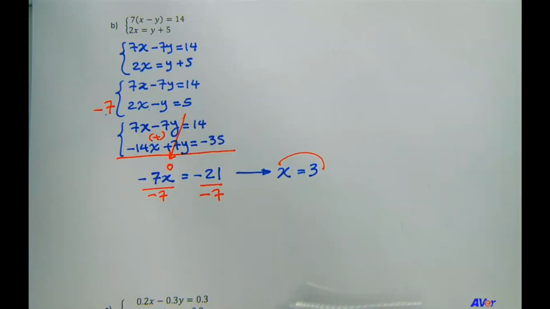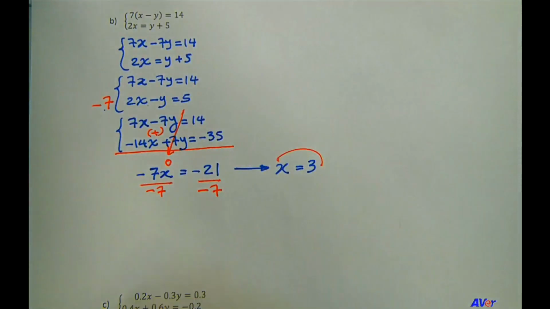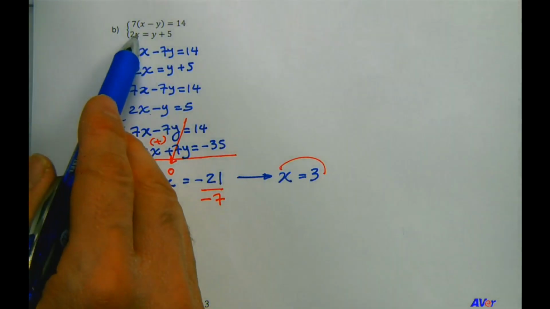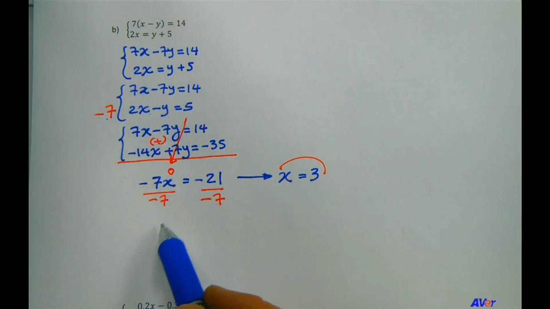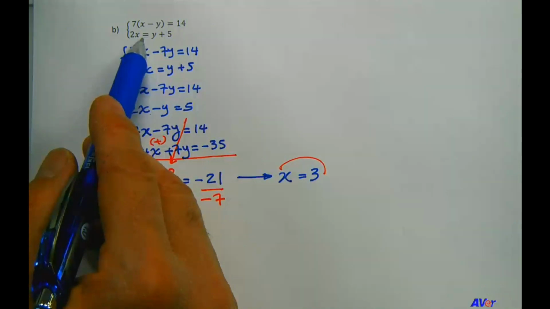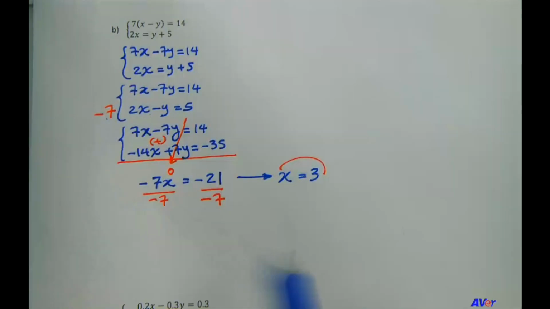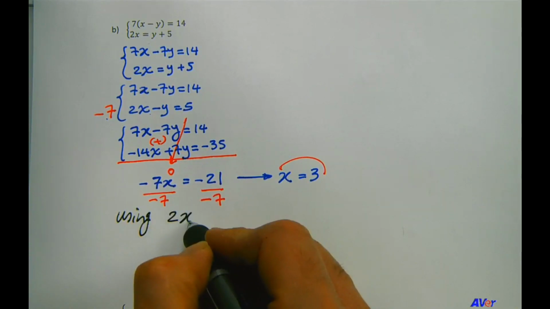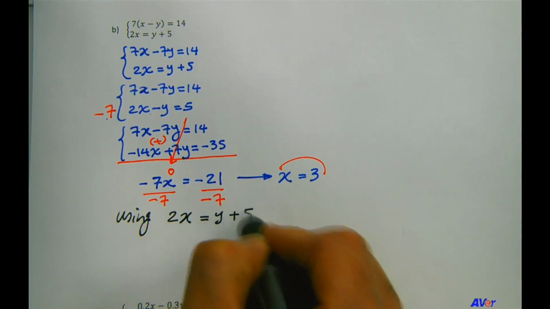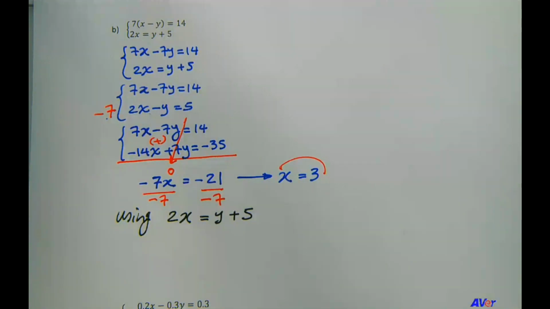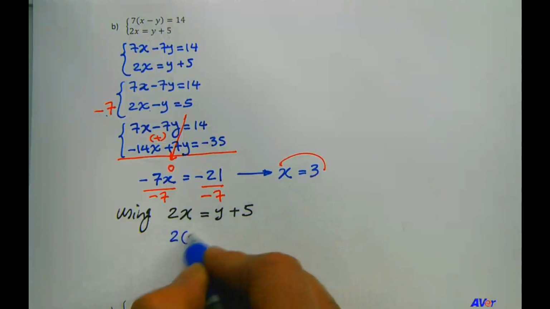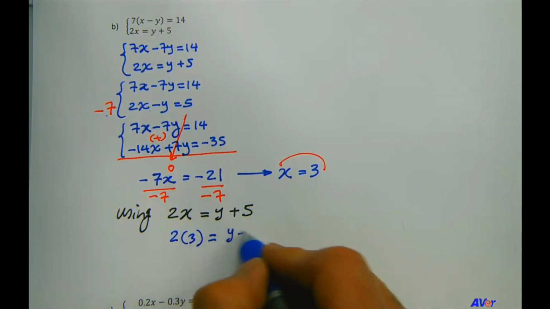Now for y, we can substitute for x in either of these two equations and solve for y. Let's substitute in the bottom equation, right? So let's do this. Using 2x equals y plus 5, we substitute for x with 3. So 2 times 3 equals y plus 5.